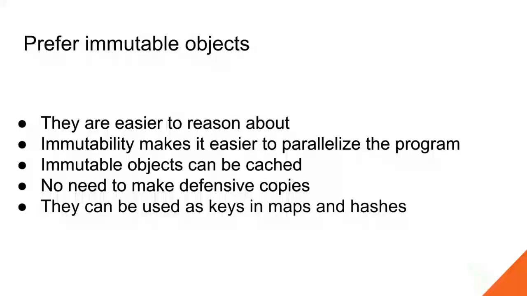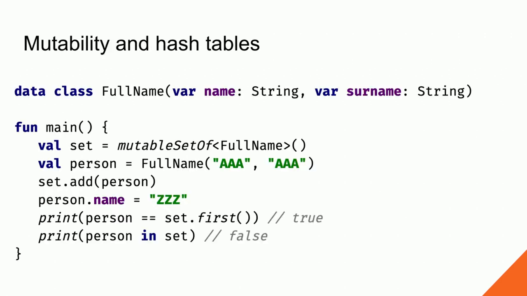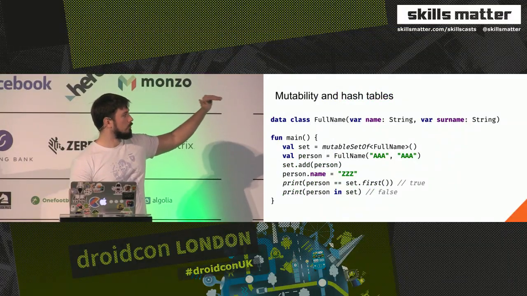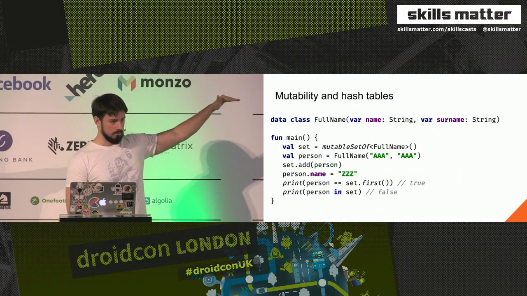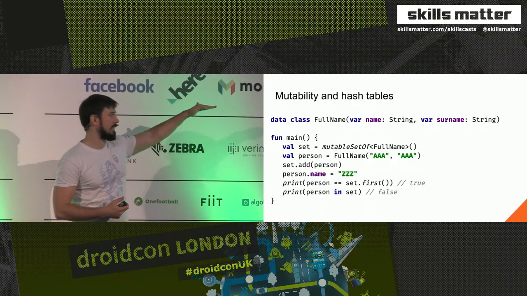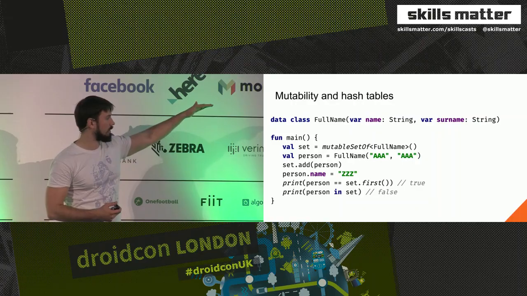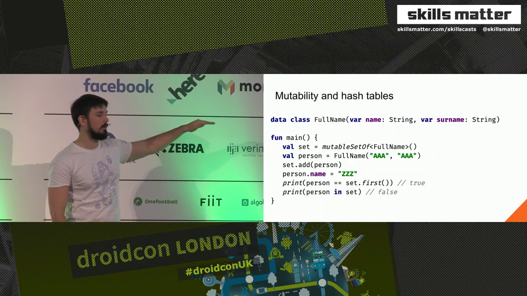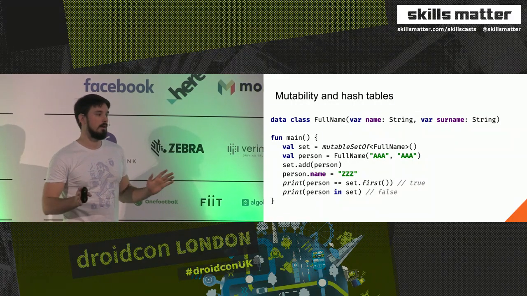And finally, a small bit: immutable objects can be used in maps and hashes. This is related to the fact that other elements need to be notified. Imagine that you have a set and you add an instance there. And then you modify this instance. Even though this instance definitely is in this set, in the first position, when you check if it is there, your collection says, no, it's not there.